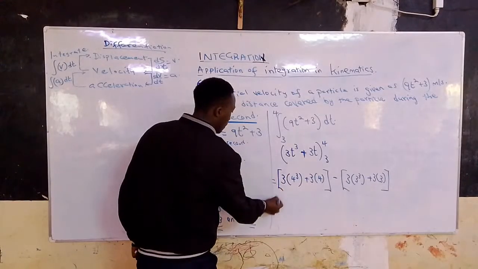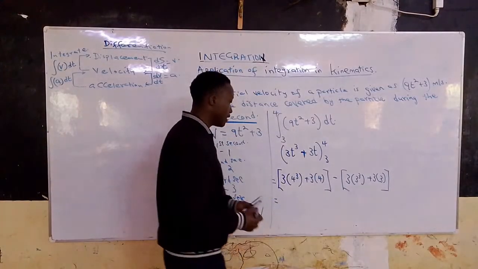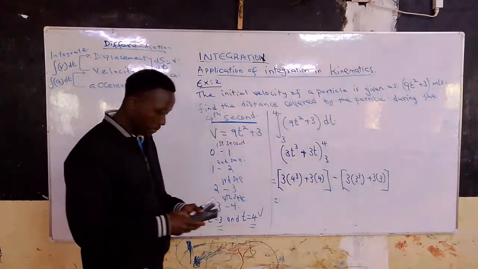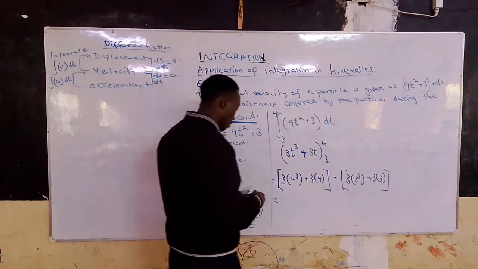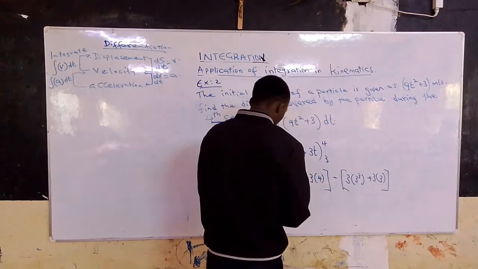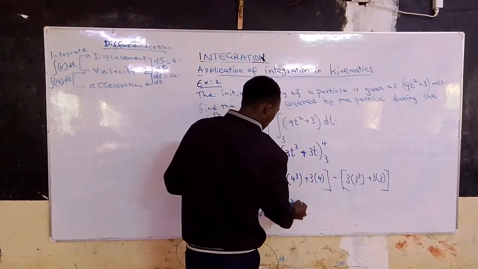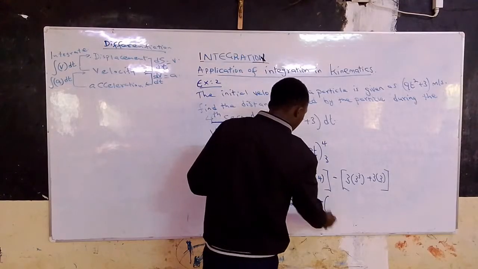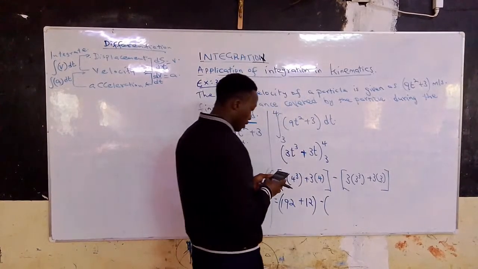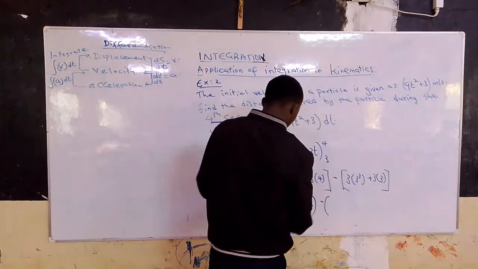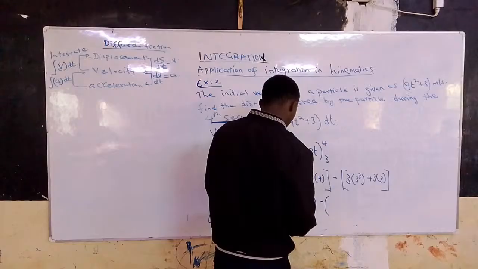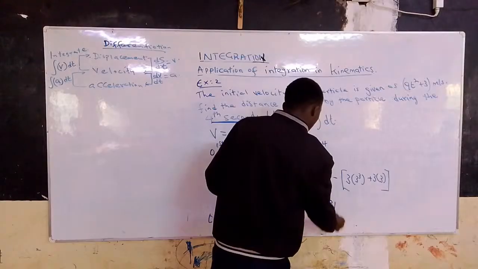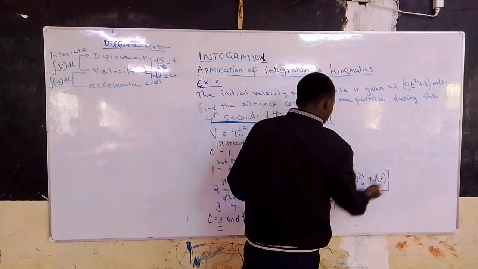And by having that, 4 cubed is 64. 64 multiplied by 3 is equal to 192, plus 3 times 4 is 12, minus 3 cubed is 27. 27 times 3 is 81. Then 3 times 3 is 9.